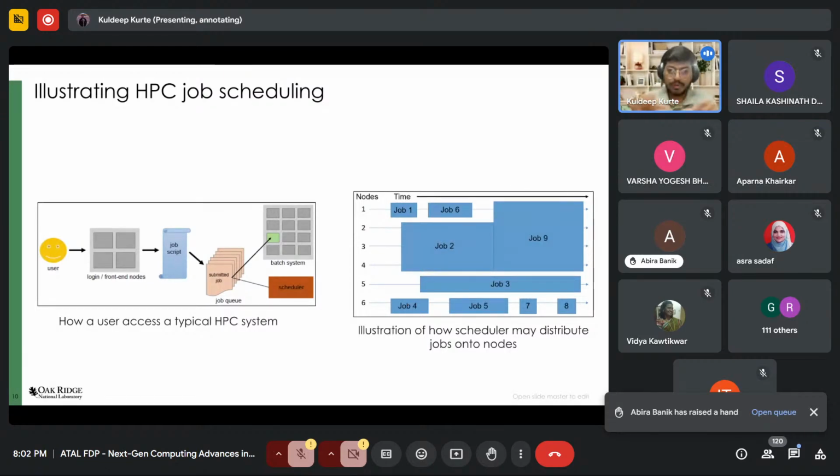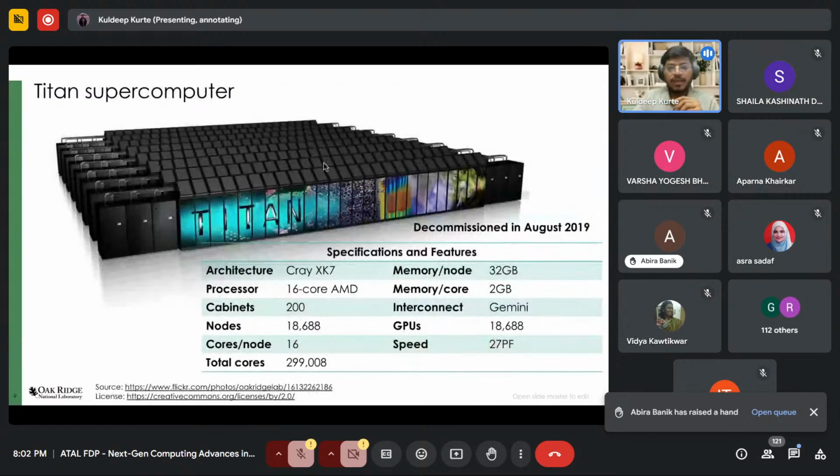This entire supercomputing system is broadly divided into login nodes and compute nodes. Some of the cabinets or nodes are dedicated as login nodes. Those login nodes are connected to the external internet, and the compute nodes cannot be accessed from the outside.